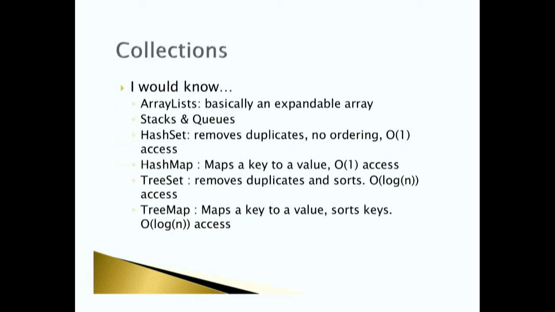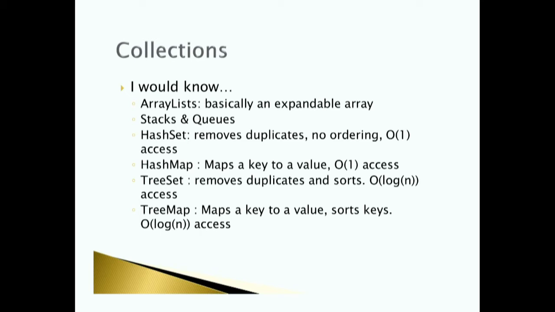All right, moving on to collections. This is the list of things that I would definitely know, like how they work and what they do. Array lists are just a variable length array. Stacks and queues, he's talked about that. The big ones I would say are hash set and hash map.